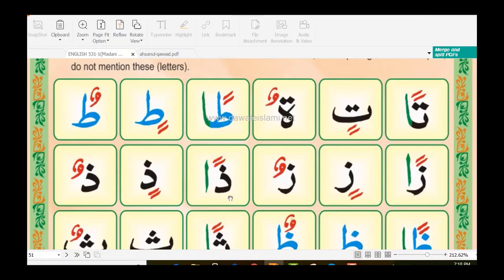And the next one is zal alif double fatha zan, zal double kasra zin, zal double dhamma zun: zan, zin, zun. So these 2 lines we have practiced about tanween.